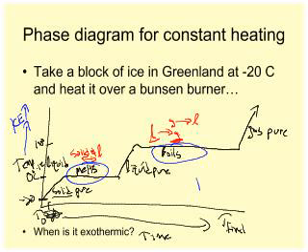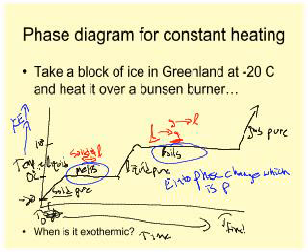The reason why is that energy goes into the phase change, which is not kinetic energy, but potential energy. So if I were to ask you, where does the potential energy change in a phase diagram, you would say the potential energy changes where the phase changes during melting or boiling.